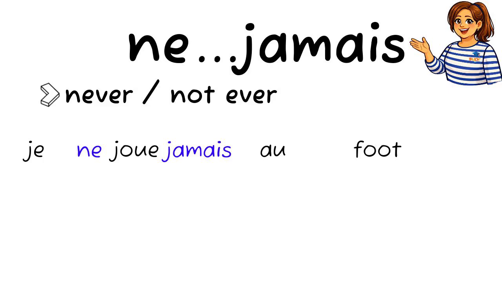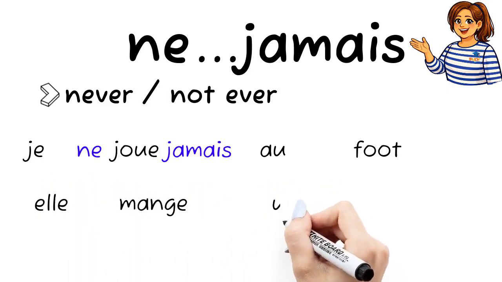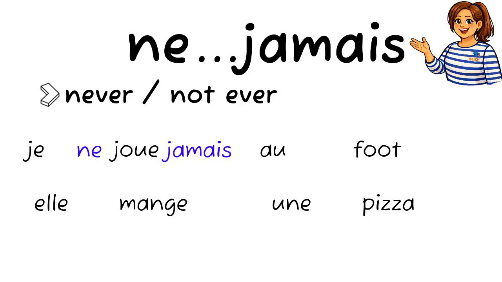If we take our second sentence, elle mange une pizza, she eats a pizza, and we want to say she never eats pizza, we would say elle ne mange jamais. And again, because we've got the une, this time we need to make it into a de. So elle ne mange jamais de pizza, she never eats any pizza.